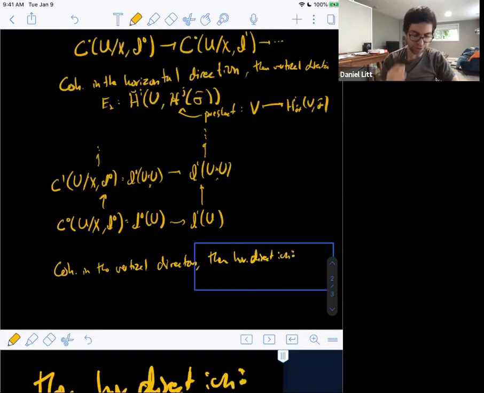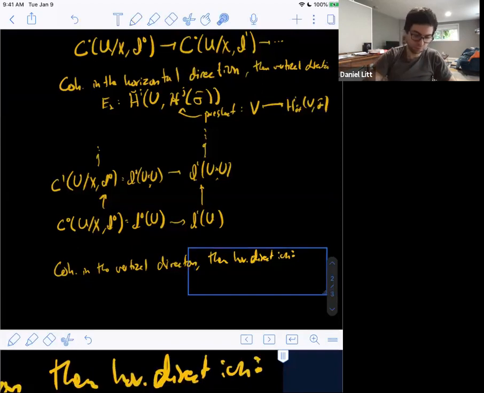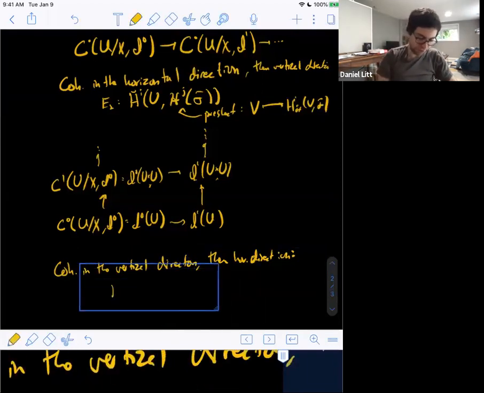What happens if we take the cohomology in the vertical direction first? What is the cohomology of these vertical complexes? My hint is that we proved last time that Čech cohomology of an injective complex is 0.